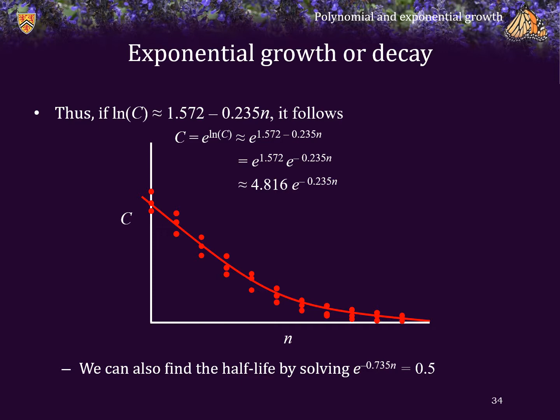Well, we can take the natural logarithm of both sides, and then we can divide both sides by negative 0.235. So therefore, the half-life is the negative logarithm of 0.5 divided by 0.235, and that's almost 3. So if these are being sampled once a year, then the half-life is approximately once every 3 years. That is, after 3 years, the quantity will be approximately halved.